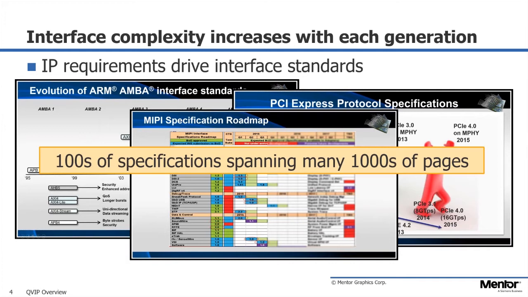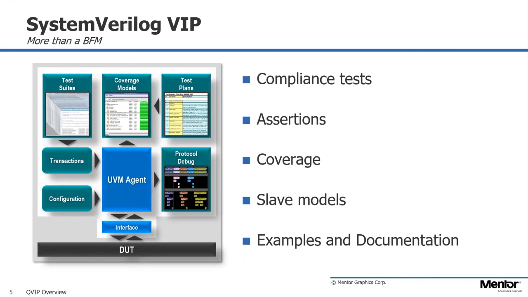Oftentimes these protocols have hundreds, if not thousands, of specifications, and trying to learn all of that so that you can send this data is just not something that you want to necessarily tackle. So our Questa verification IP is a set of UVM agents. In UVM terms, an agent is a piece of IP that can both monitor traffic on a bus and provide stimulus on that bus.